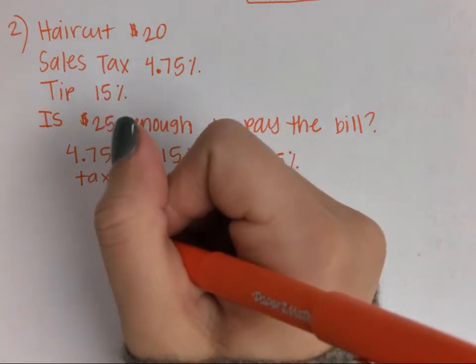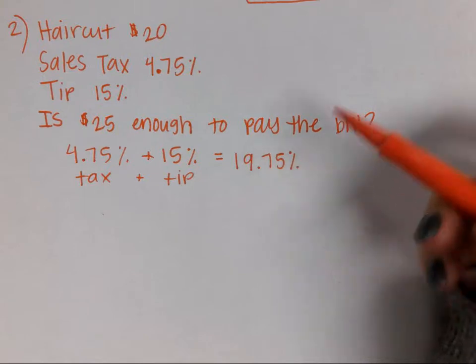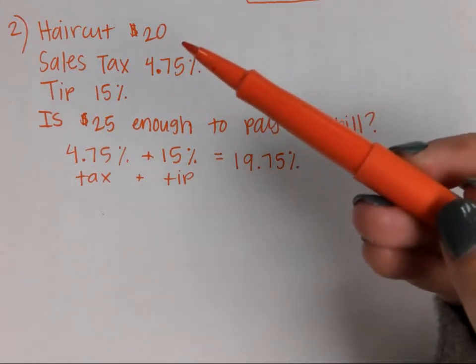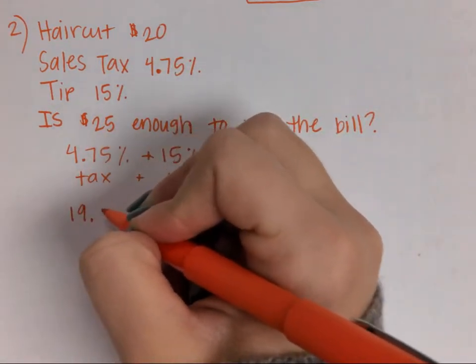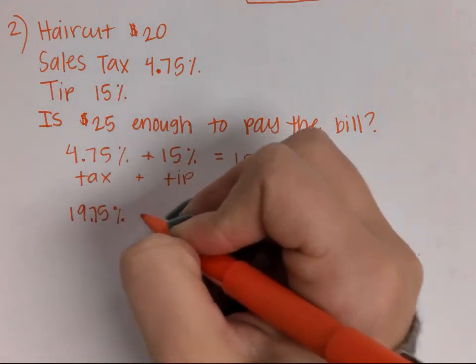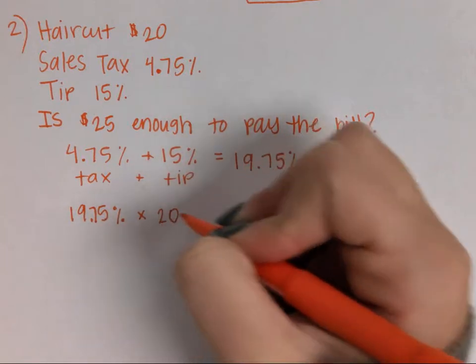Okay? So this is when we're multiplying. Remember, 19.75% of the original price of $20. So of tells me that I'm multiplying. 19.75% times the cost of the haircut, which is $20.